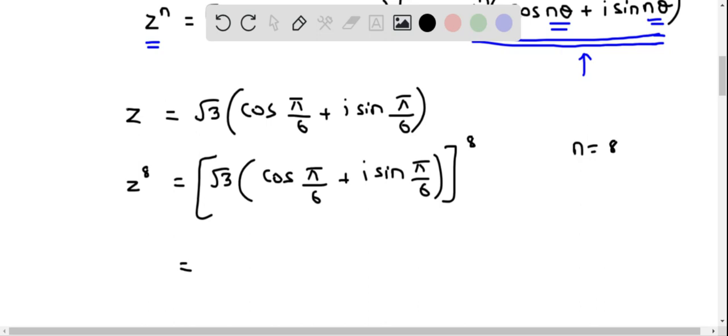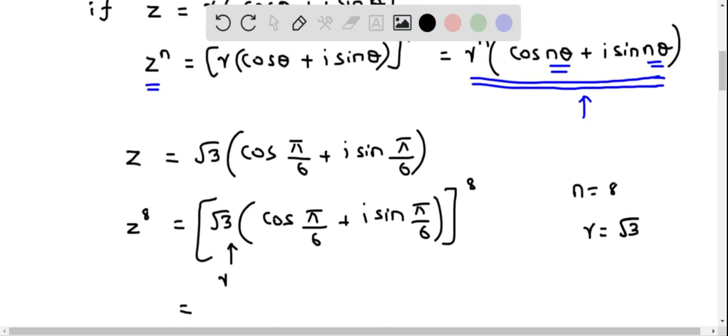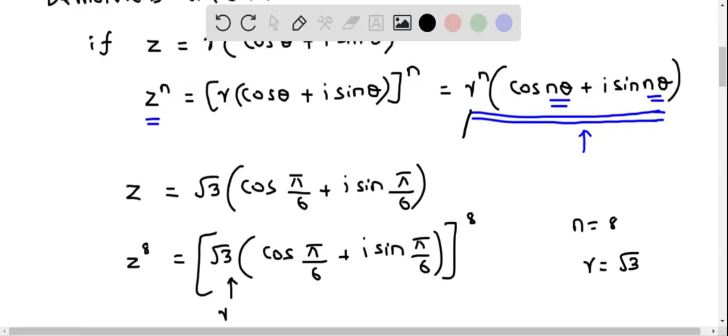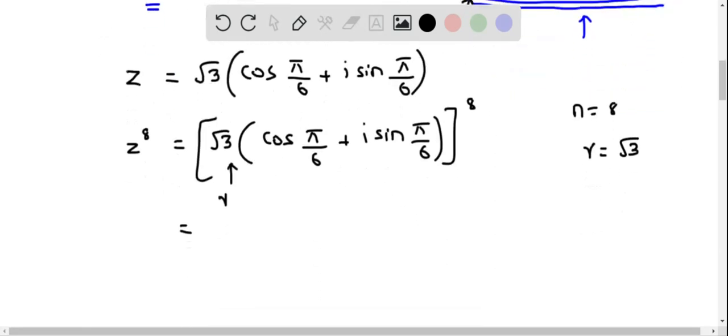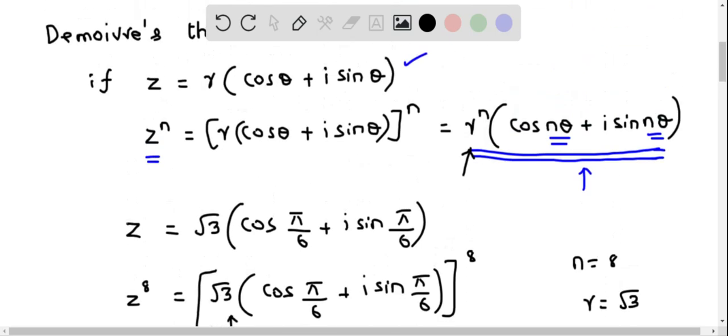So this is r, that is r equals square root of 3. According to de Moivre's theorem, we have to raise r to the power of n, so it becomes root 3 raised to the power of 8. And then cosine of, if it is theta, when we use de Moivre's theorem, it becomes n times theta.